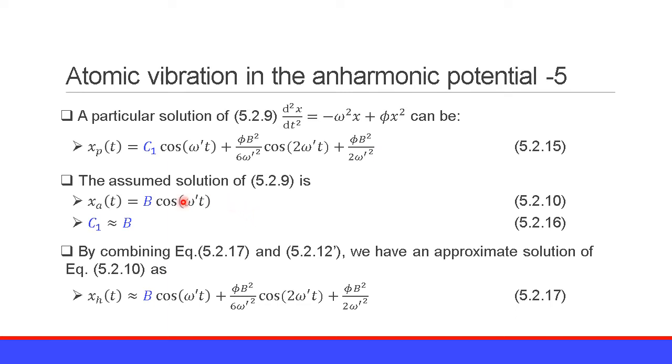We assumed the solution of 5-9 is approximately b times cosine omega prime t. Therefore, by comparing this equation and this equation, we can conclude C1 is nearly equal to b. Therefore, the solution of equation 5-9 is approximately b times cosine omega prime t plus phi b squared over 6 omega prime squared cosine 2 omega prime t plus phi b squared over 2 omega prime squared, equation 5-17.